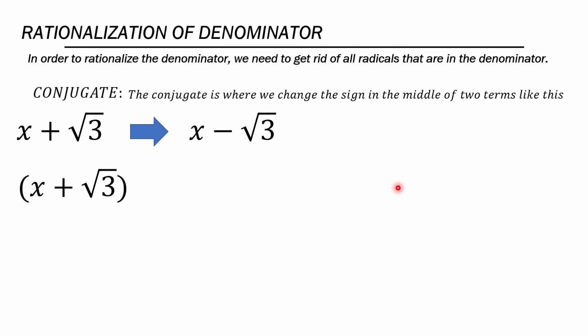What will happen? It's that simple. If we multiply the conjugate to its original, which is x plus square root of 3, if we FOIL this, the result is we simply square each term. Meaning, we just take the square of the first term. Our first term is x. So, what is the square of x? We have x squared. Okay?